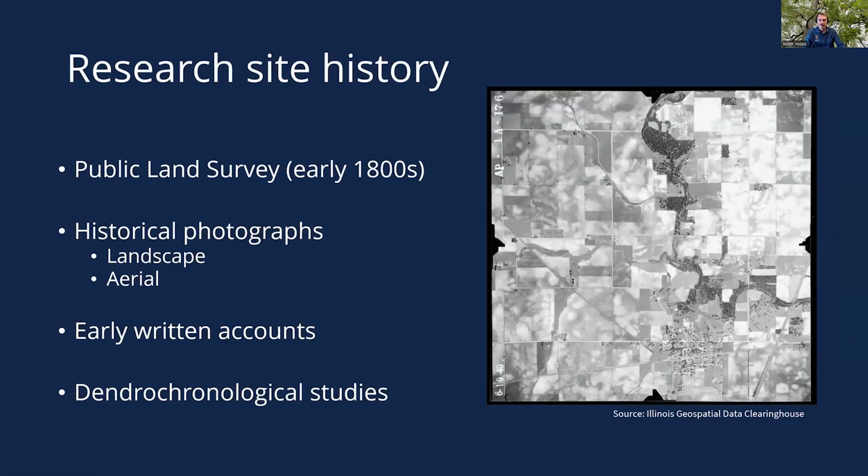After we've done some research on our soils, we also might consider looking at our specific site history. We have some soils data, and then we look back at what had occurred on that landscape historically, which might be using aerial photography or early written accounts, or you might find some studies that describe the site or system that you're working in.